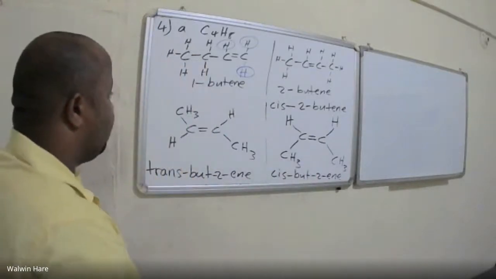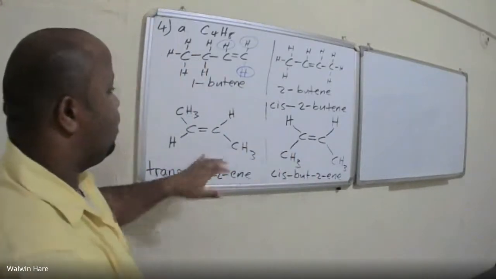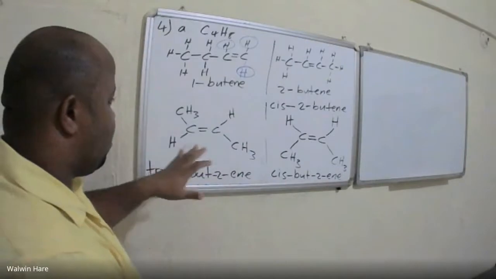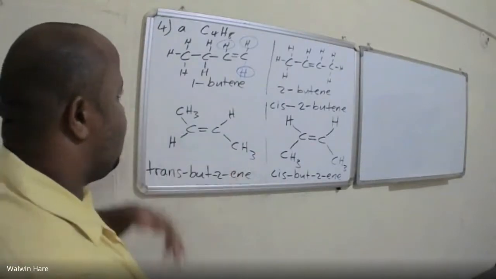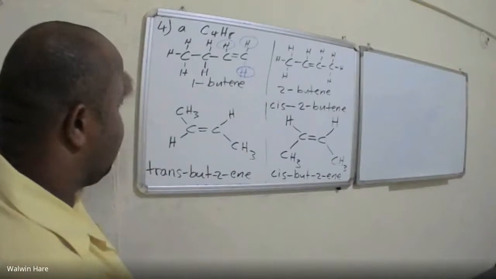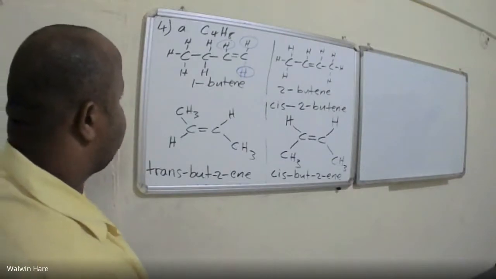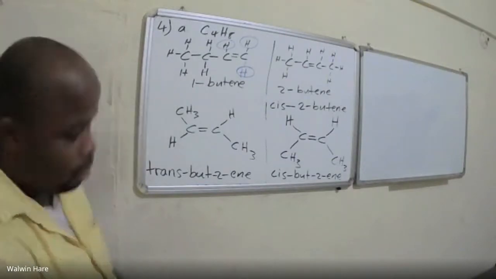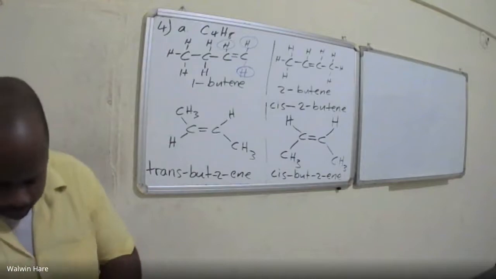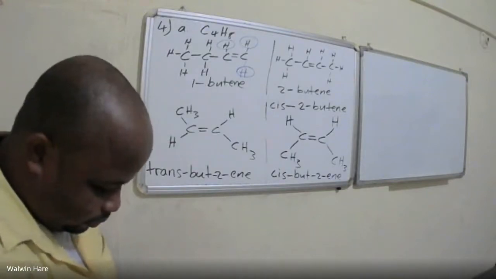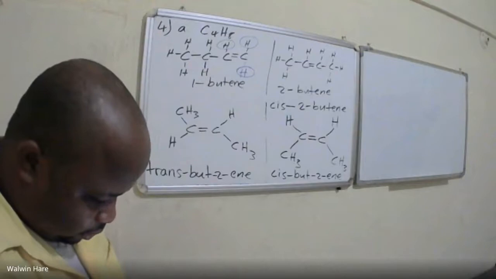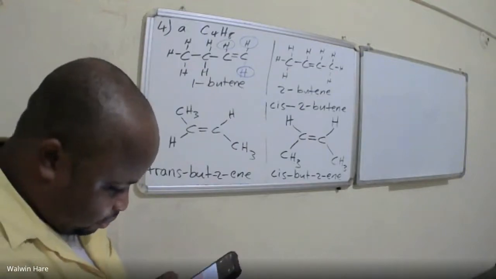So these would be the 2 isomers that are the geometric ones, and you could have drawn them as 2-butene. And that was actually 6 marks, you know.